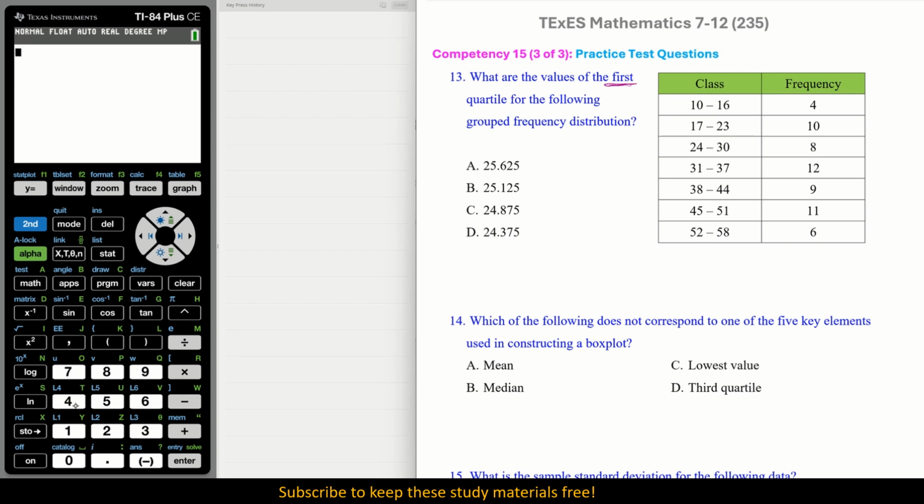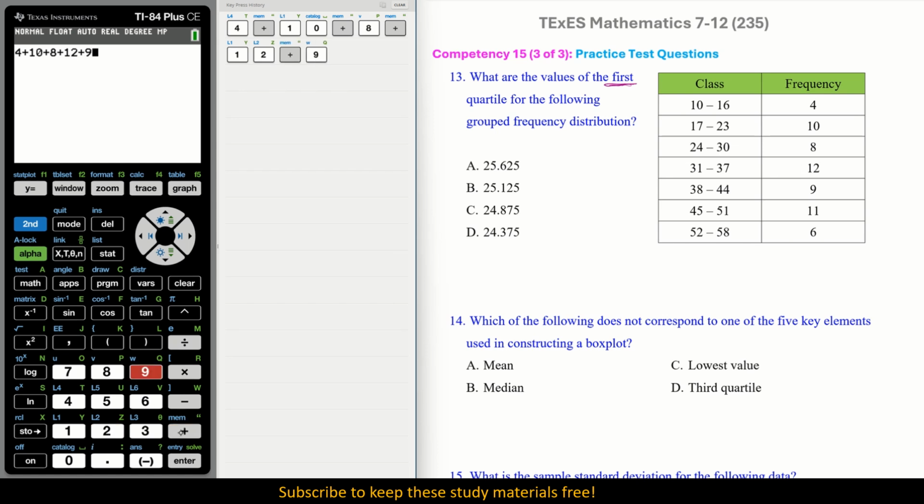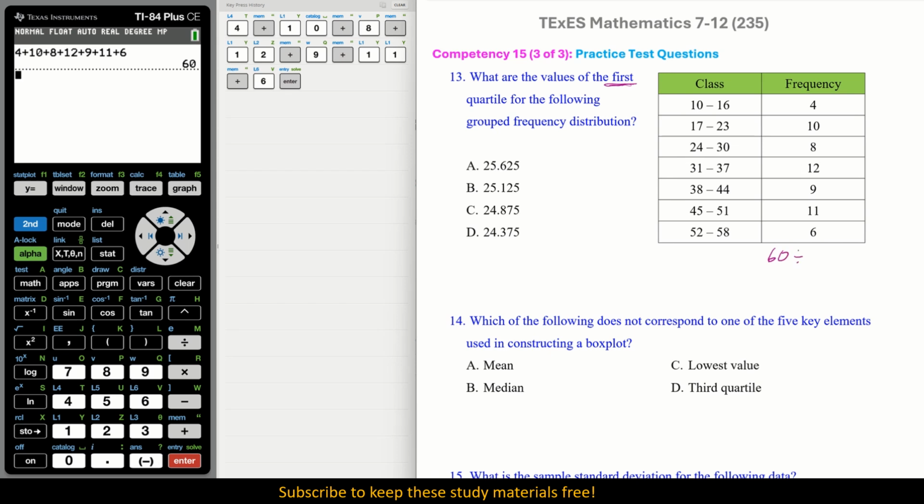So let's add all those up. 4 plus 10 plus 8 plus 12 plus 9 plus 11 plus 6. Okay, so that gives us 60. So this is 60 divided by 4. What do we get? We divide by the 4, and we get 15.